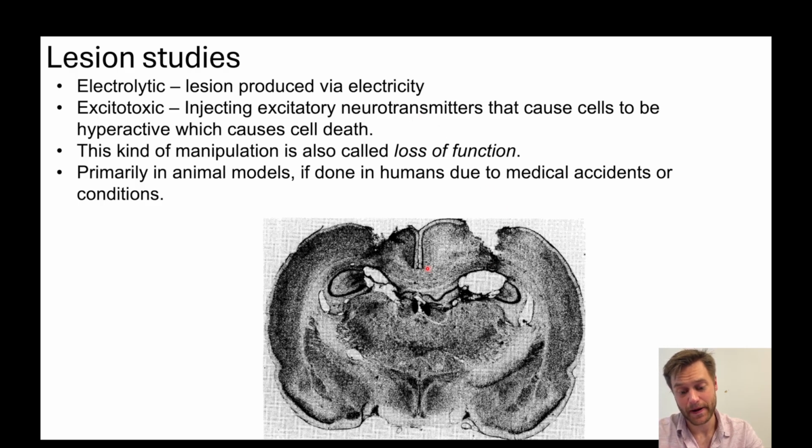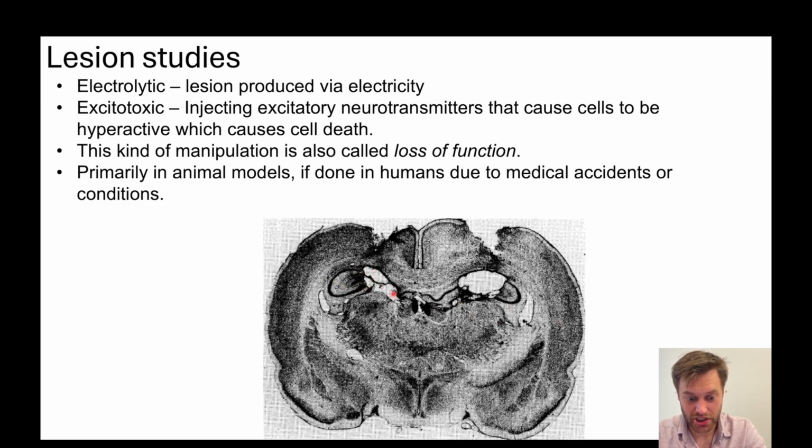While we do get rid of the entire dorsal hippocampus here, we also are messing up some of the brain below it, which reduces our ability to confidently say that it's the dorsal hippocampus and not some other region. Also, you can see here that it's not very consistent.